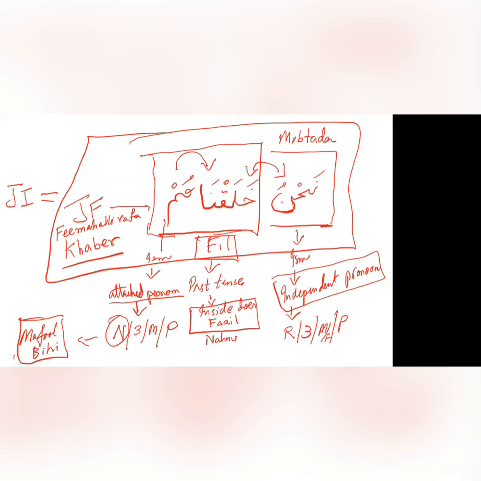Because if you had khaliqun here, it would have been a khabar and it would have been rafa. So khalaqnahum is essentially playing the role of khaliqun. That's why we say fi mahalli rafa, in the place of rafa, and we call it the khabar of jumla ismiya.